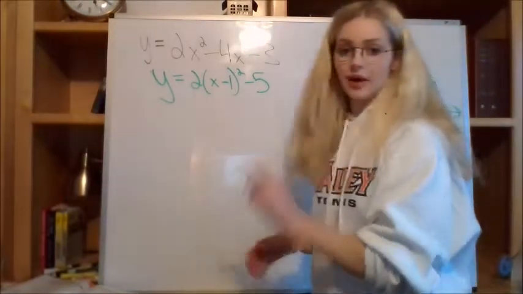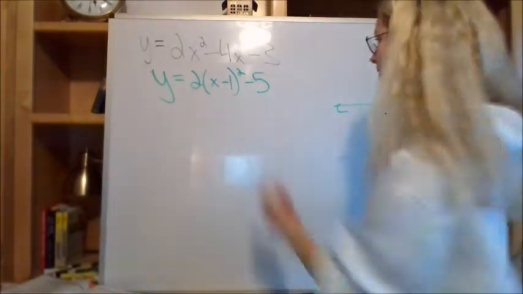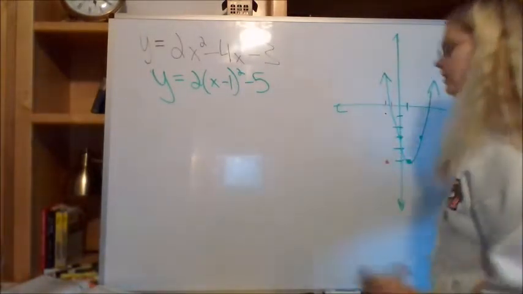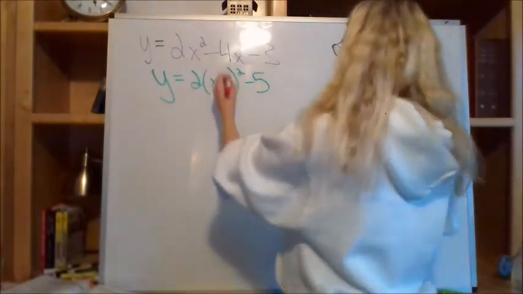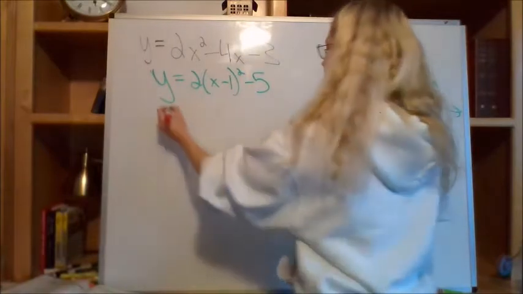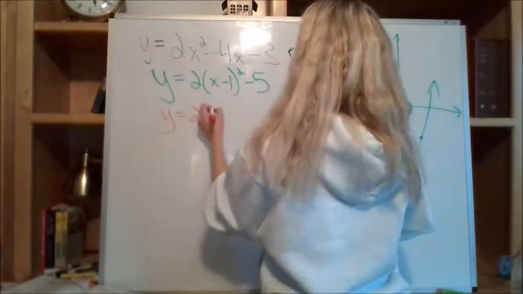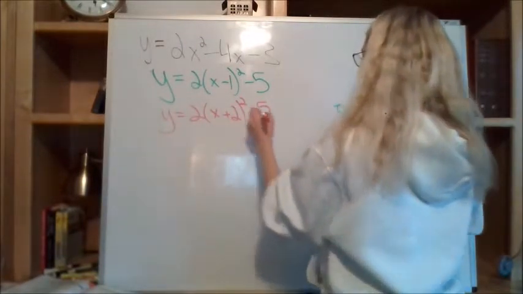Well, we want to think about what is in these parentheses with our x value. So, as we have gone from 1 to negative 2, we'd think, oh, we just subtract 3. But that's wrong, because you actually need to add 3 within these parentheses. So you need to have y equals 2 times the quantity x plus 2 squared minus 5.